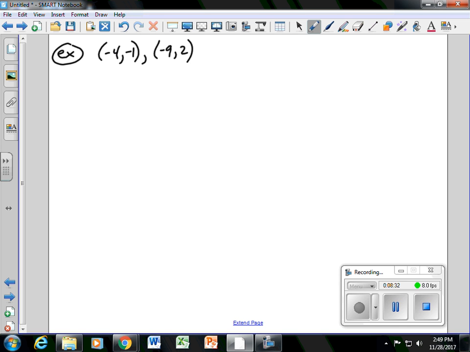Well, I know that to write an equation in point-slope form, I need a point, which I have. I'll call this x sub 1, y sub 1. Again, for the purposes of homework, let's all choose the first one. First point is x sub 1, y sub 1. But then I also need a slope.